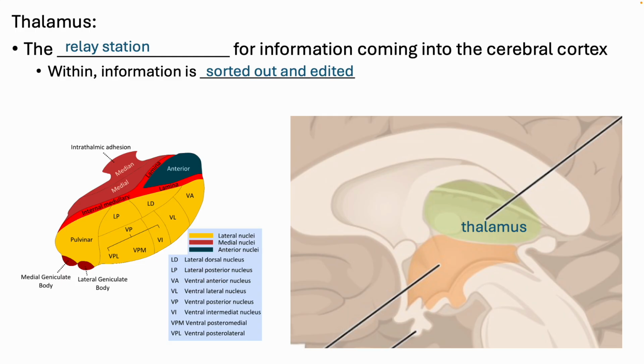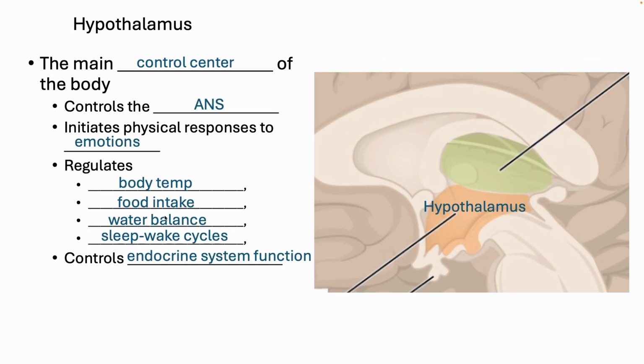Afferent fibers from all parts of the body converge on the thalamus and will synapse with at least one of the nuclei there. In addition to mediating sensations, it also helps with motor activities, cortical arousal, learning, and memory.